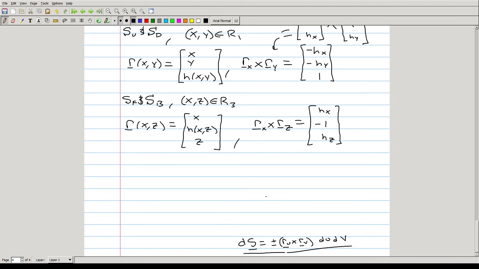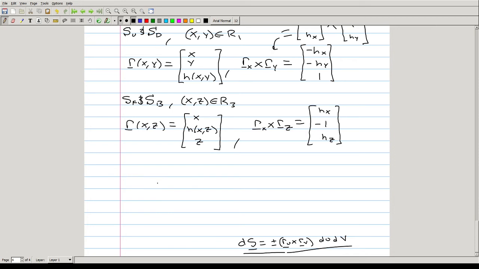The plus or minus depends on the orientation of the surface, so we have to make sure that we choose an outward normal for each one of these. Regardless, plus or minus this vector will always point outward for SU or SD, and plus or minus this vector will always point outward or inward normal to SF and SB.